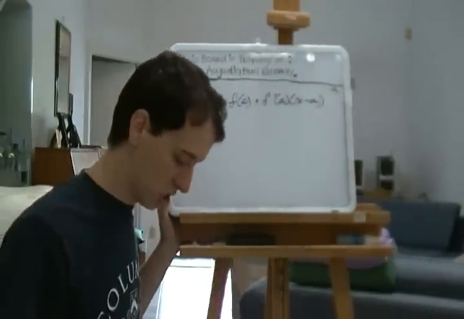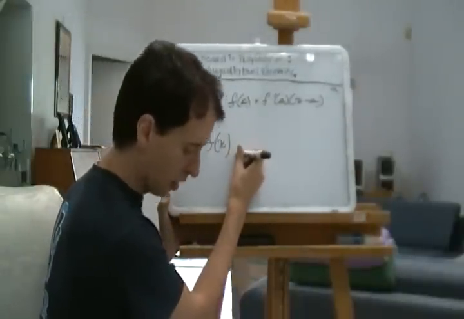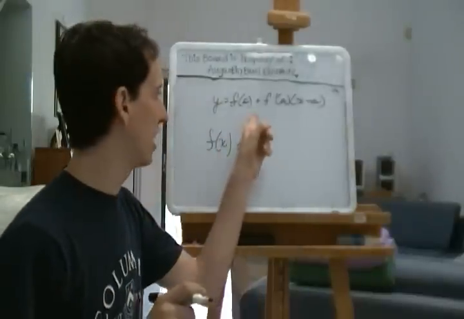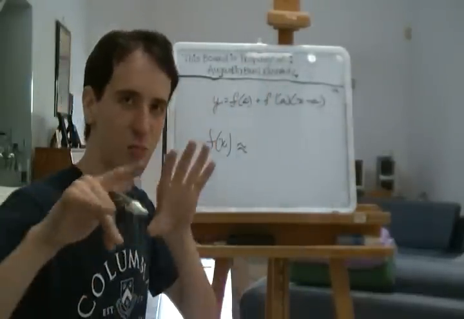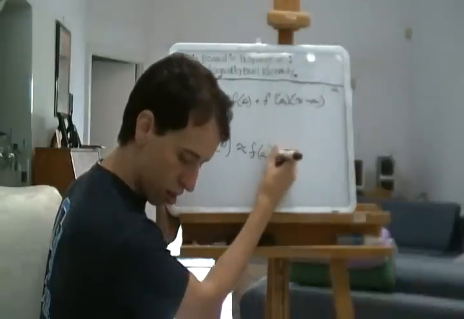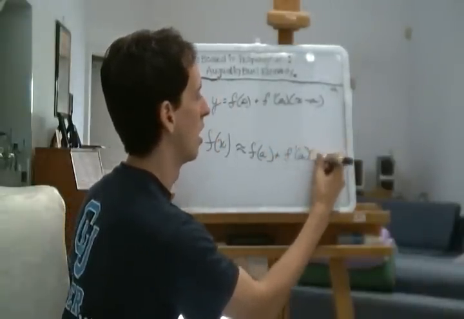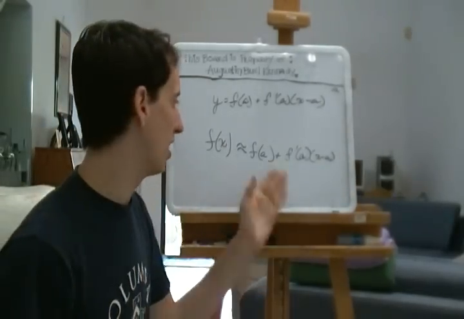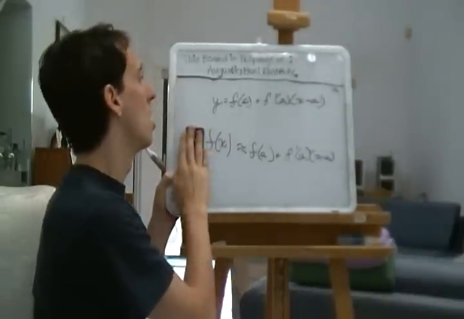The approximation is that f of x is approximately equal to, if that is the tangent line to the function, then f of x is pretty close to f of a plus f prime a times x minus a. So here you need a point A, and you need to know the derivative of the function. And that's how you're going to run an approximation.